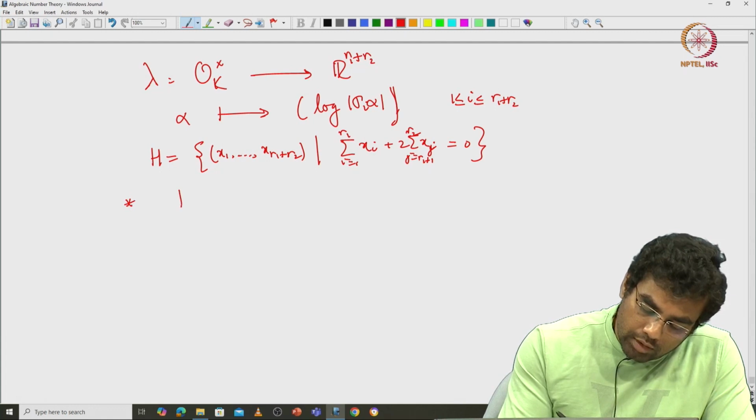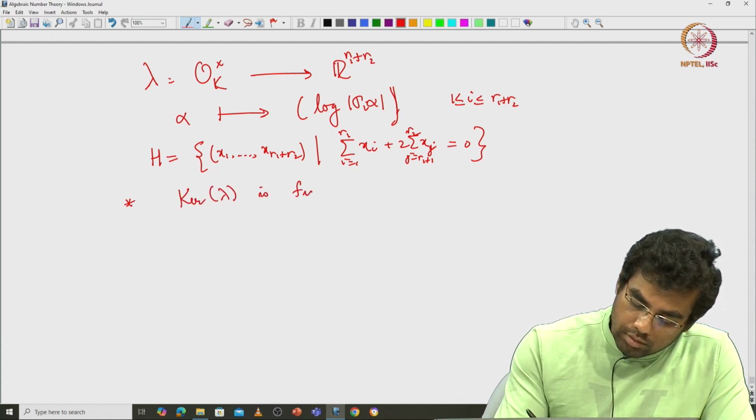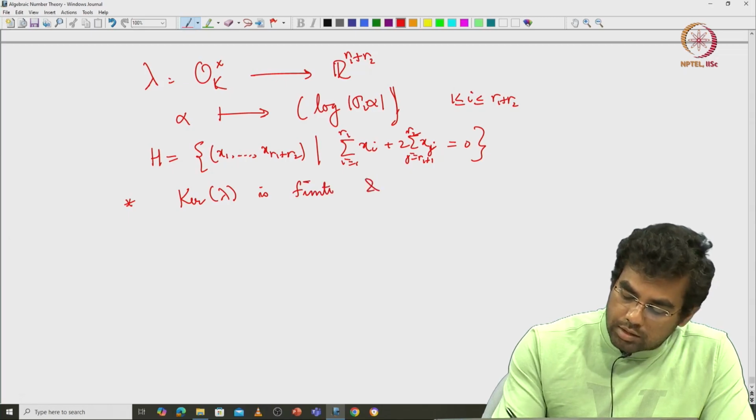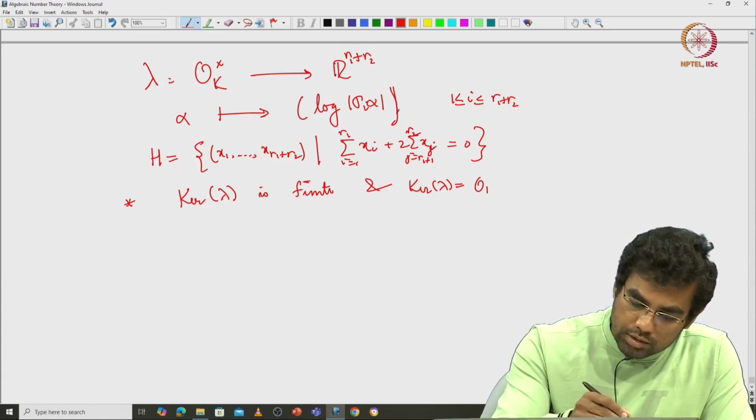We proved that the kernel of lambda is finite, and hence the kernel of lambda is O_K torsion, the torsion of O_K cross.